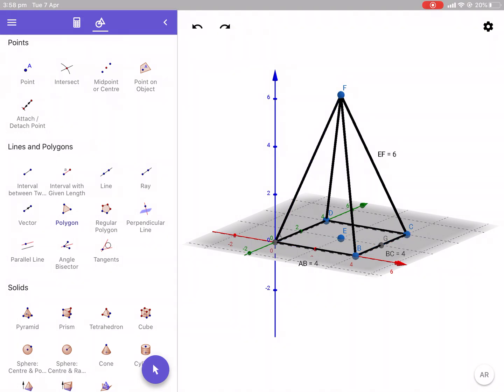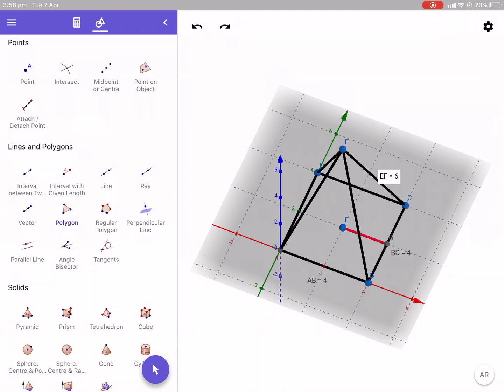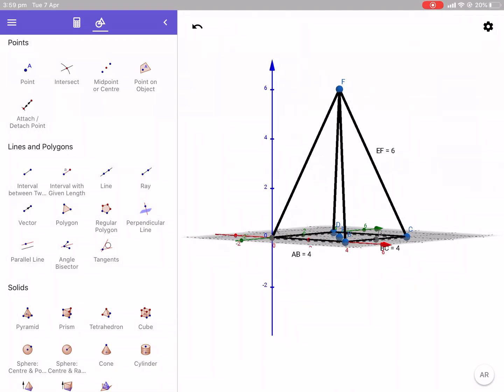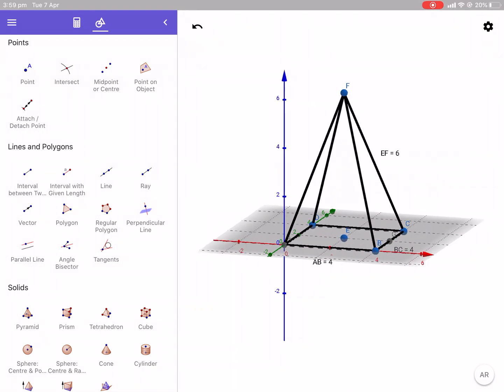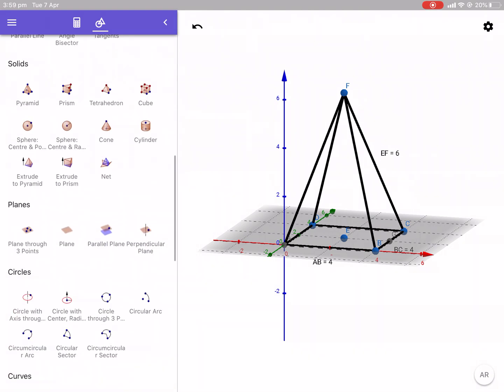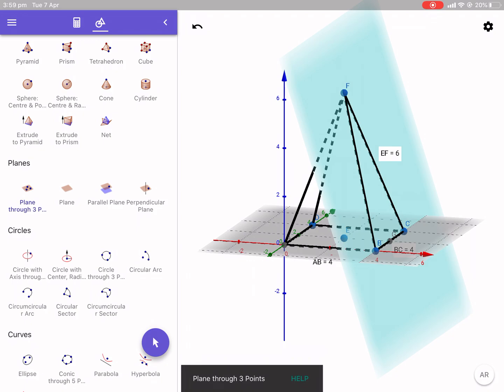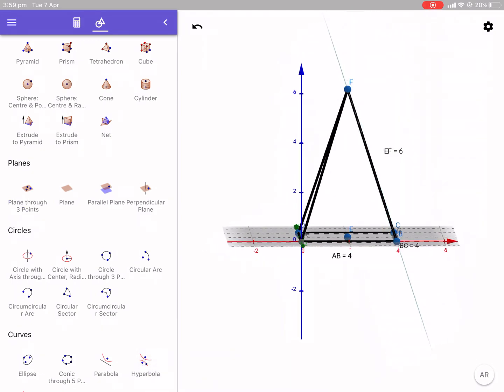Oh gosh, what have I just done? Okay. Trying to be really fancy. Why won't it stay coloured in? Okay, that'll do. So it's the angle between that monstrosity and the base.